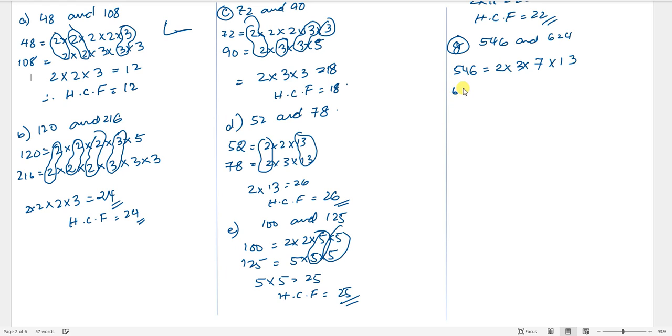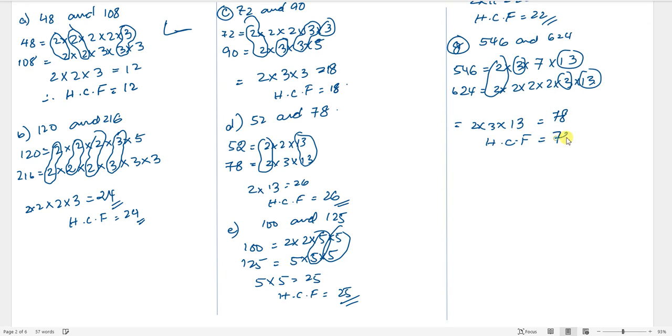And for 624, it's 2 times 2 times 2 times 2 times 3 times 13. Finding the common factors, we have 2, we have 3, and we have 13. So we can write 2 times 3 times 13 is equals to 78. Therefore HCF is equals to 78.